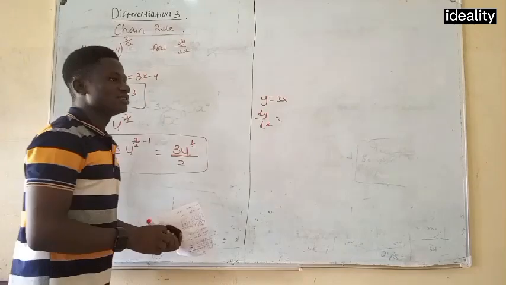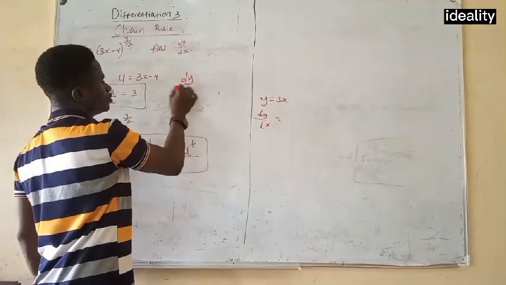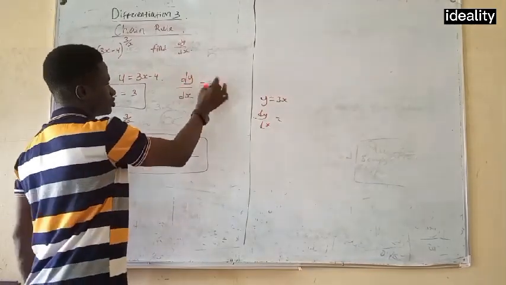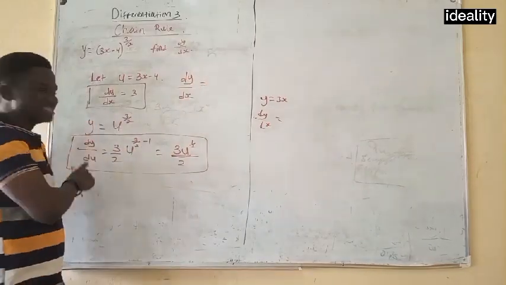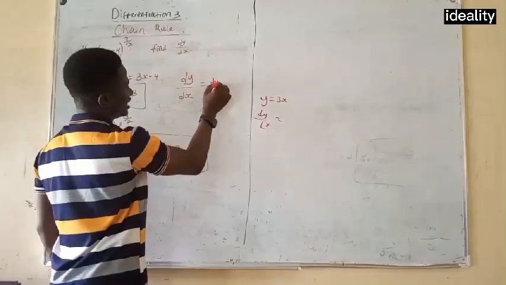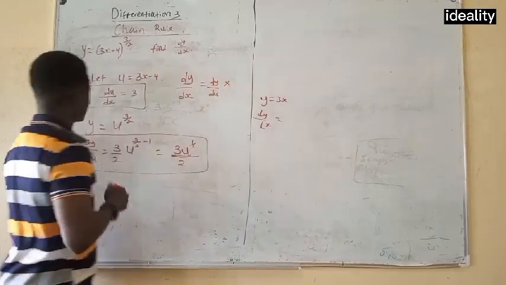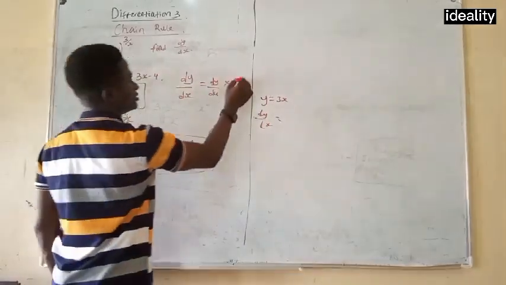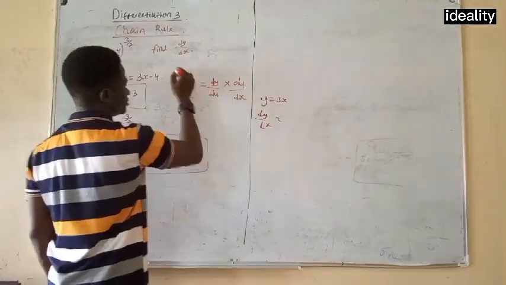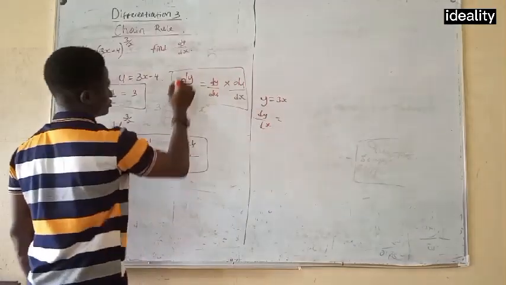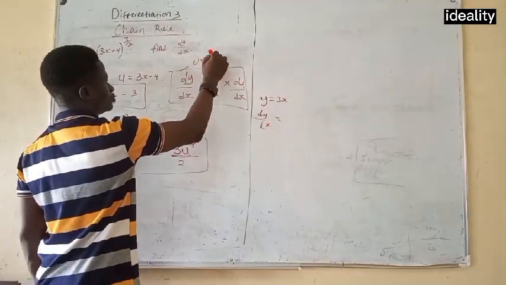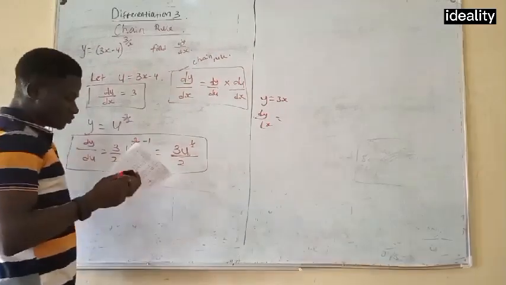Now how do we find dy dx? You can simply say that dy dx is equal to dy du times du dx. This is what we call the chain rule. I will explain why.